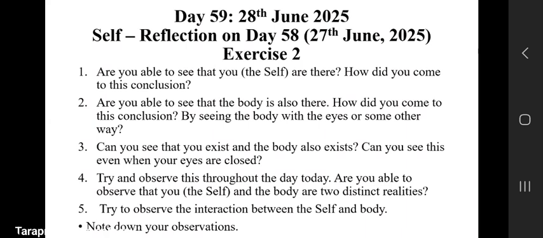Now I am getting different information, and I may start to believe something different. Ultimately, that belief will get broken only when I can directly observe this. Yes, Didi, I have to see directly in continuity. Yes, that will take time, definitely.